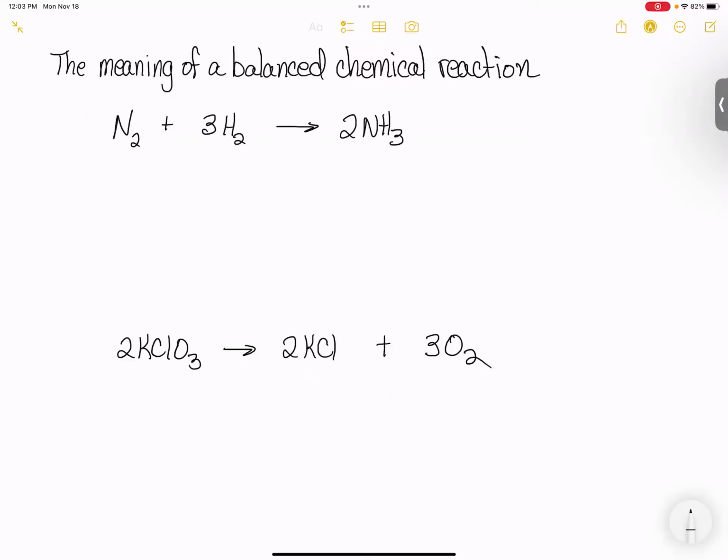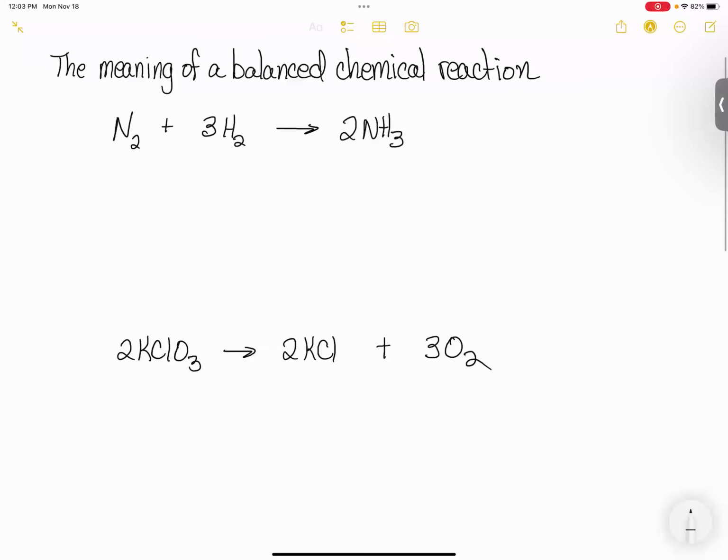Last week on Wednesday and on Friday, we focused on balancing chemical reactions. Now what I want to start out with is the meaning of these balanced chemical equations. We balance chemical equations in order to make sure that we follow the law of mass conservation.